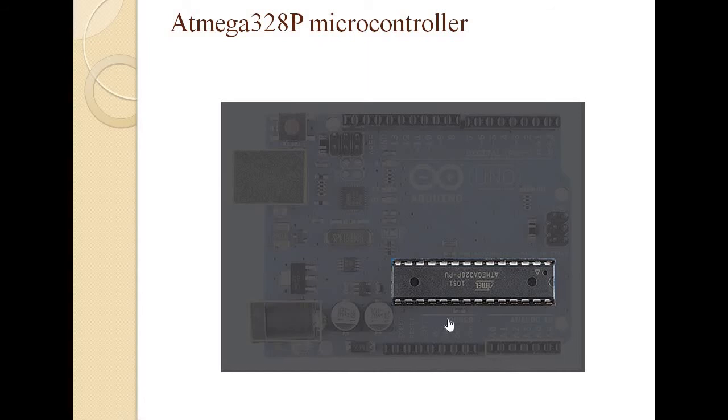Atmega 328P is pre-programmed with a bootloader. This allows you to directly upload a new Arduino program into the device without using any external hardware programmer, making the Arduino board easy to use.